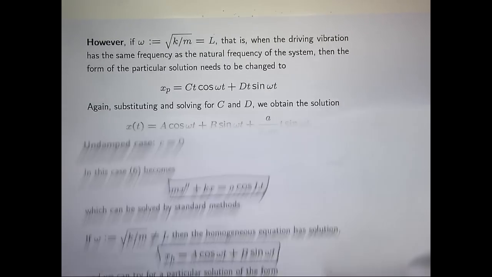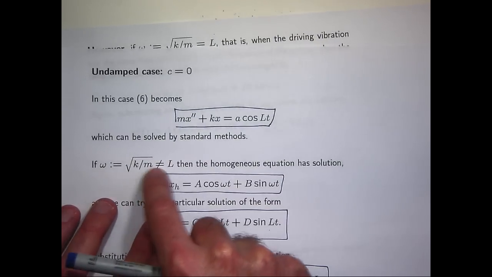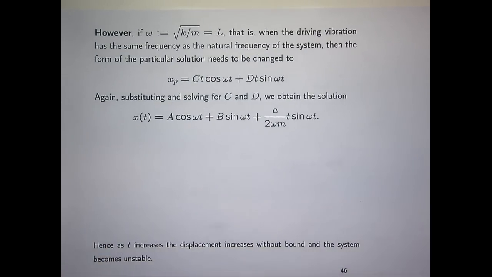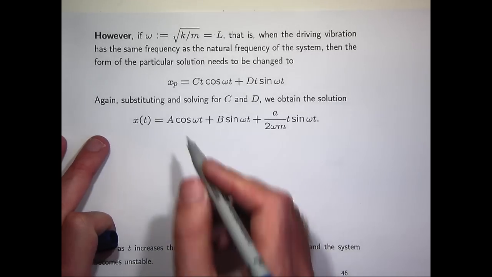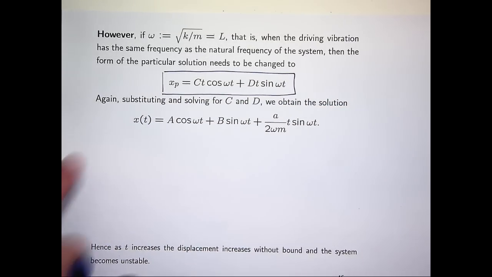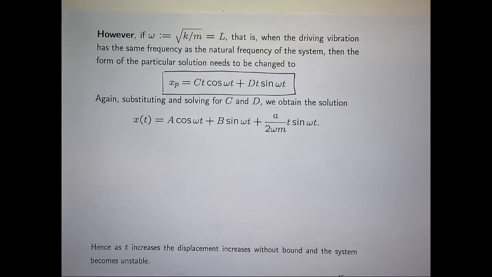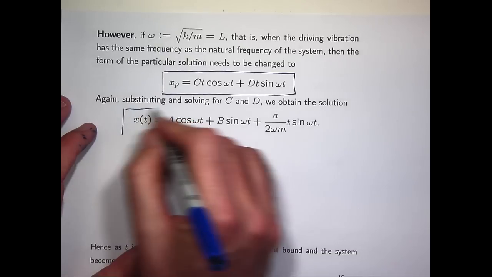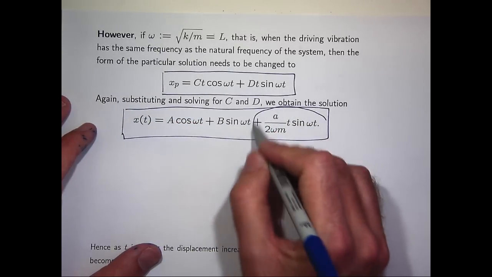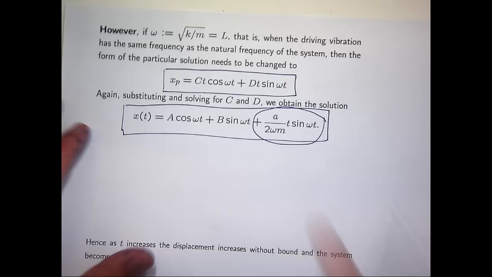Now, if you make that equal, then a big change happens. Your particular solution needs to be changed to something like this. And if you write out the general form of the solution just by adding the particular solution and the homogeneous solution, what is this term going to contribute?